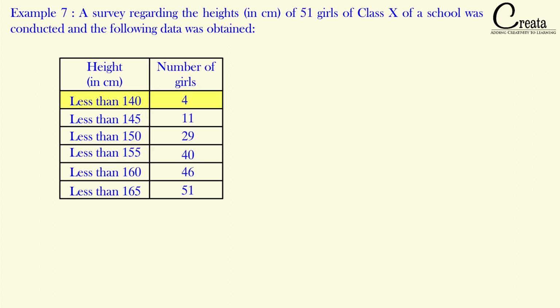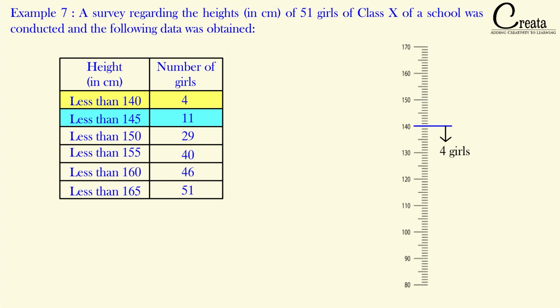In the first row we have 4 girls who have a height less than 140. Next we have 11 girls with a height less than 145. Understand these first 2 rows. 4 girls have a height less than 140 and 11 girls have a height less than 145.